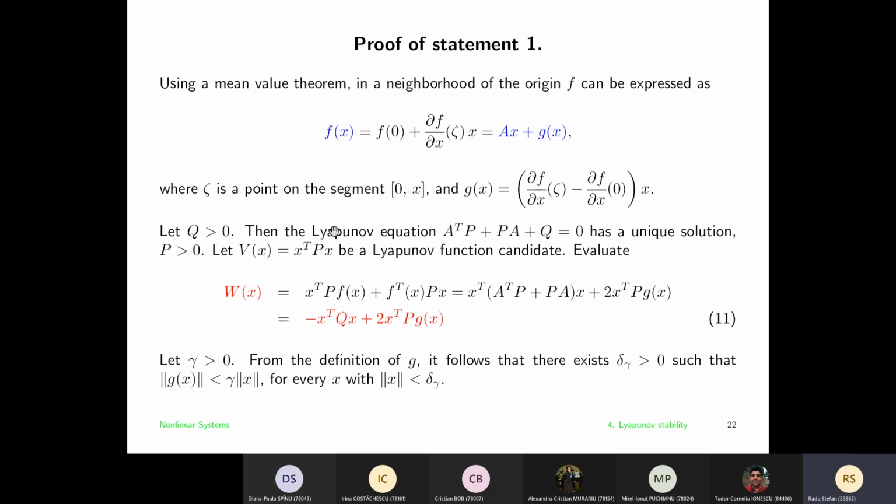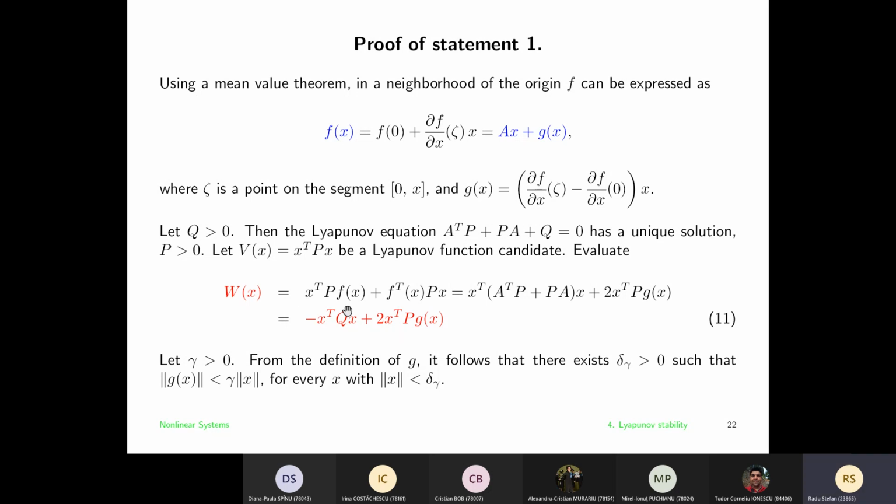So A is stable. If you take the Lyapunov equation, you know that A is stable, and then you find a unique positive definite solution P. And then you take this Lyapunov function candidate, which is, of course, the right one for x dot equals Ax, but you take it for f, for the vector field.